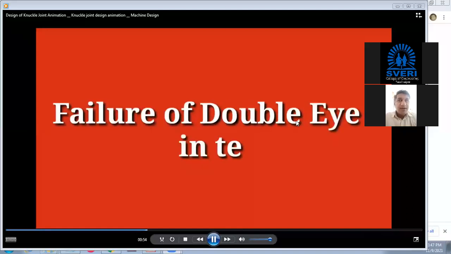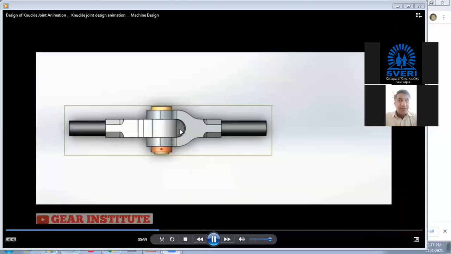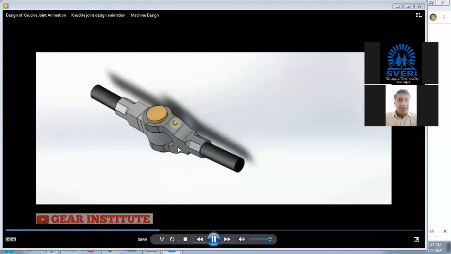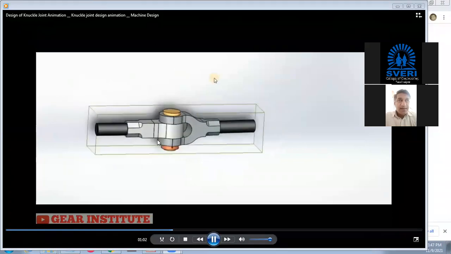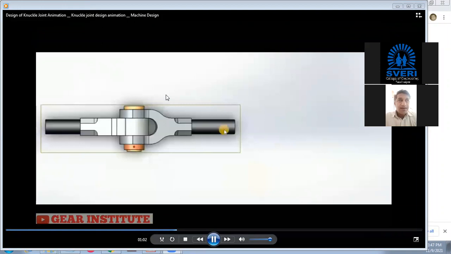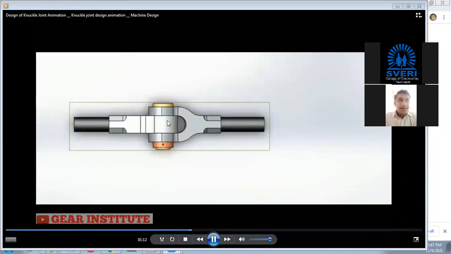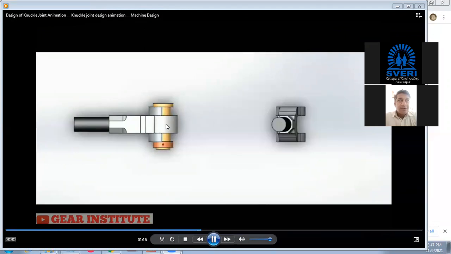And failure of double eye, how the failure of double eye is going to take place in tension, that we will see. Double eye means this fork type, where we are going to provide the pin inside that fork, and this single eye is coming in contact with that.